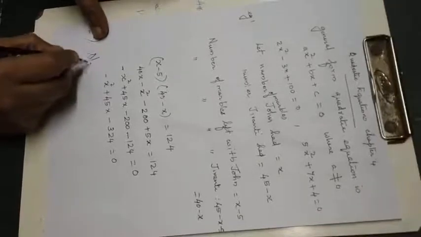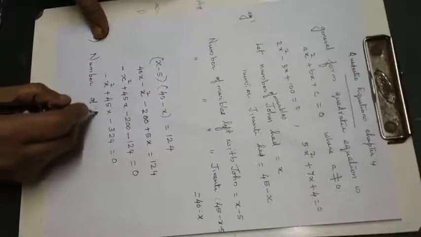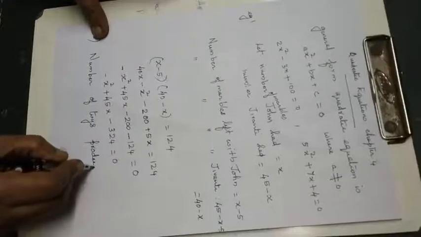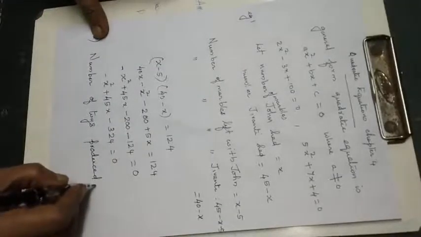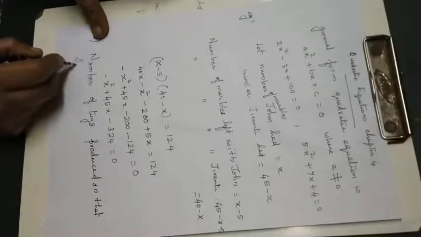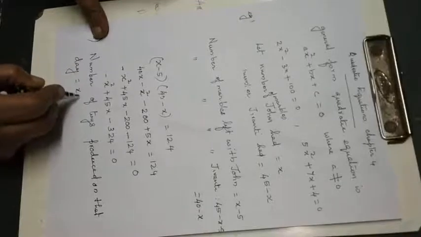So let the number of toys on that day be x. Now the cost of production of each toy will be what? 55 minus x.